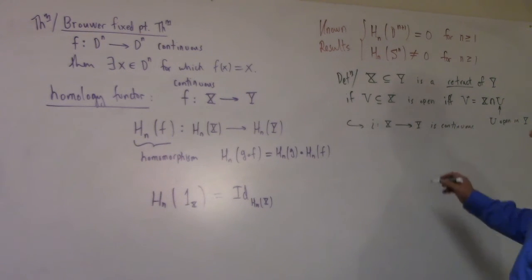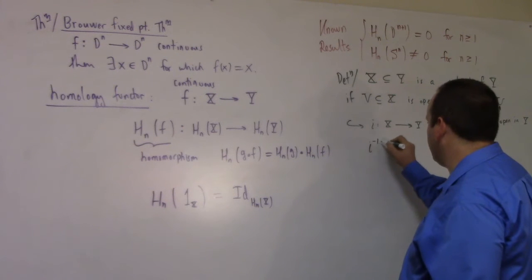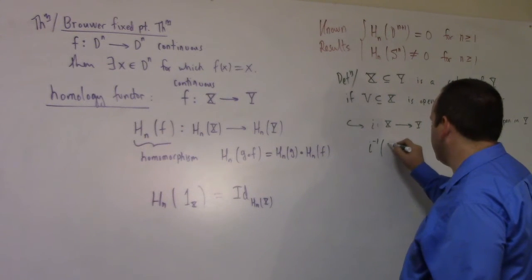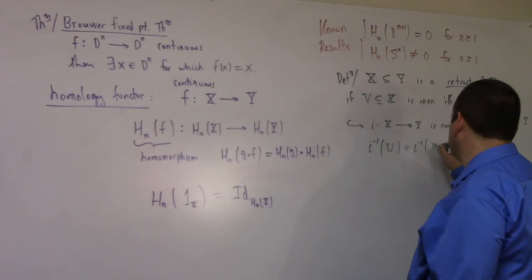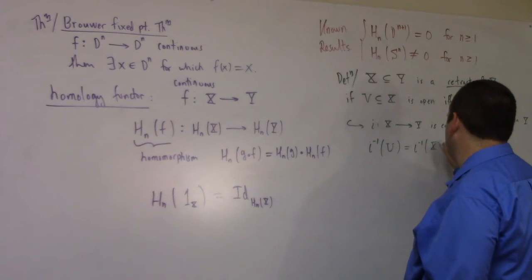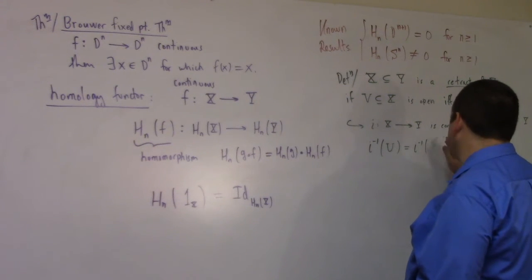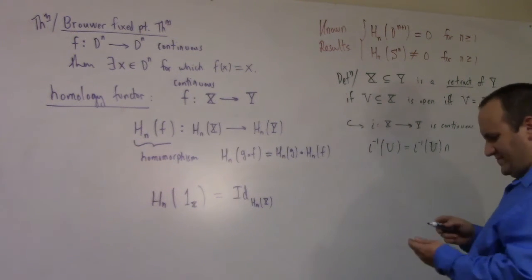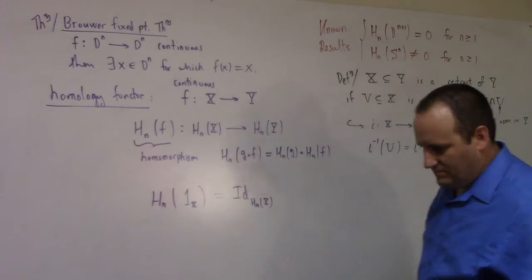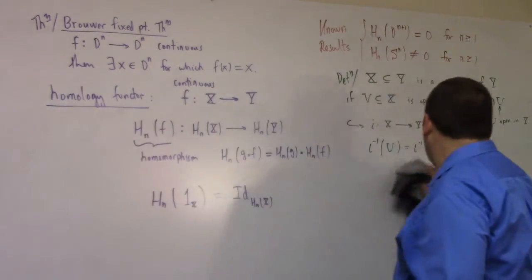Well, the inverse image of X intersect U is the inverse image of X intersect the inverse image of U, right? Those are both open, so, well, I don't know, sorry. Unnecessary writing, excuse me.